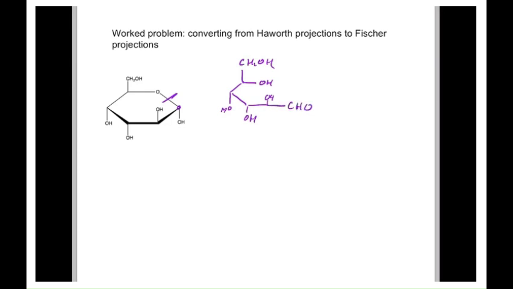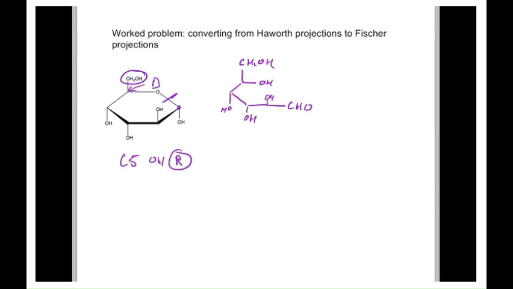So now we're going to have our aldehyde back. The other thing to consider is that because carbon 6 is pointing up, that tells us the stereochemistry at carbon 5 is giving us a D sugar. So that means that the carbon 5 hydroxyl should be on the right.